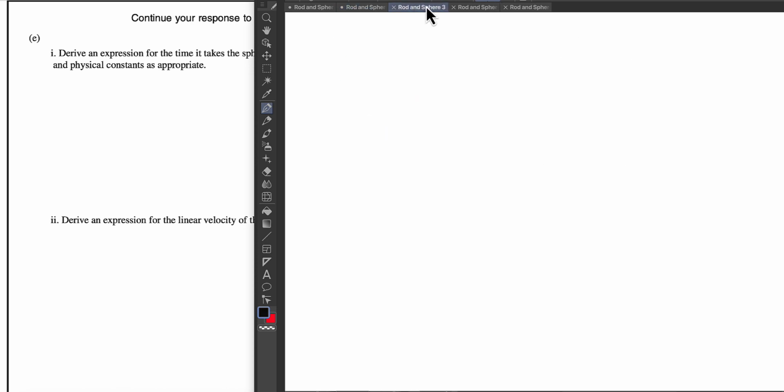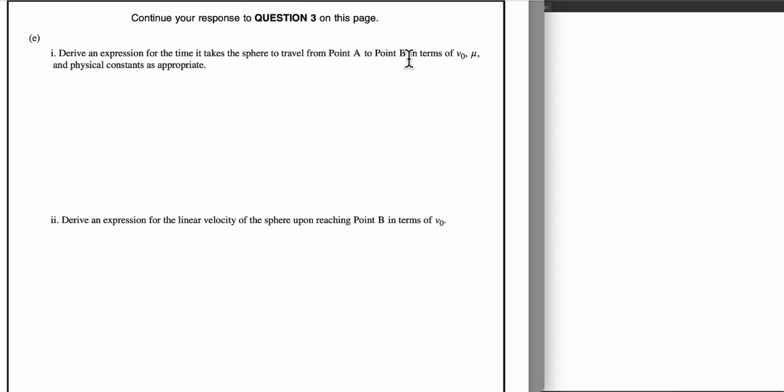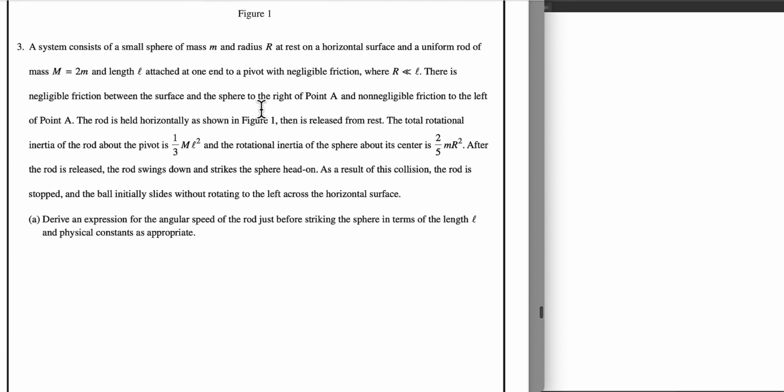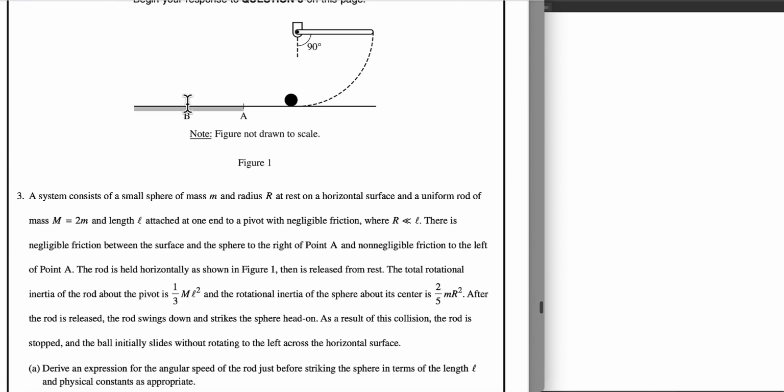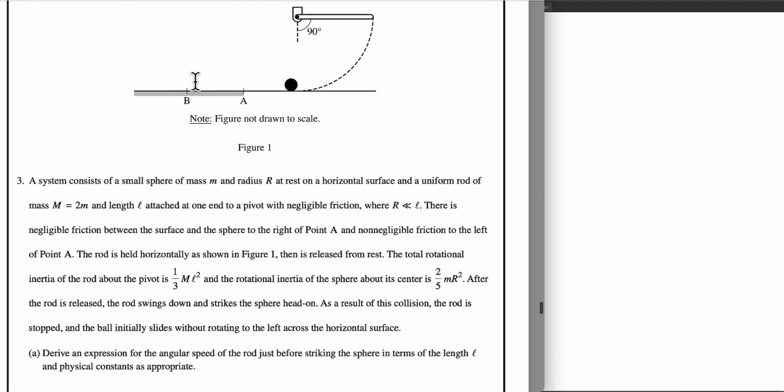The property of point B, remember, it says that at point B the sphere will roll on the surface without sliding.